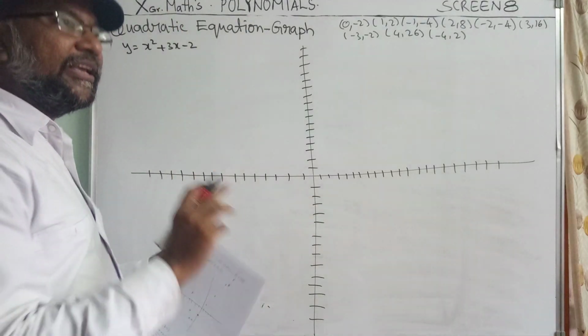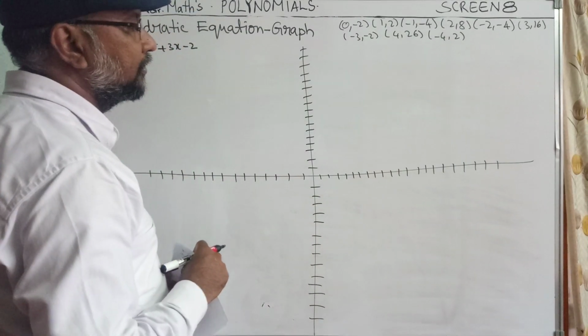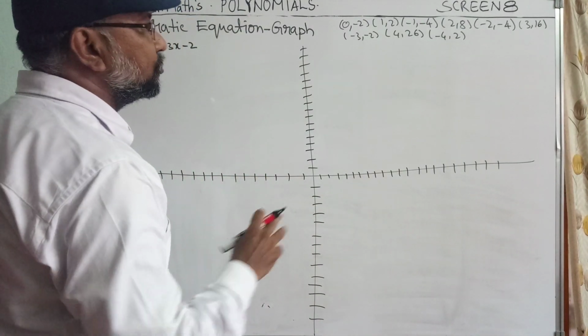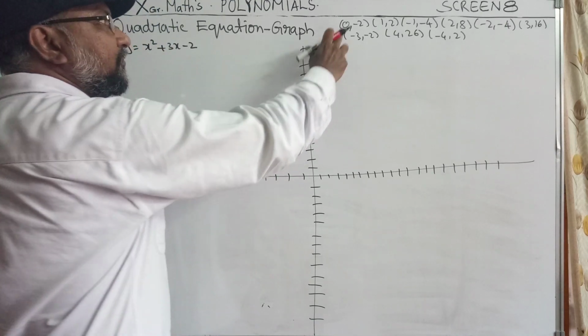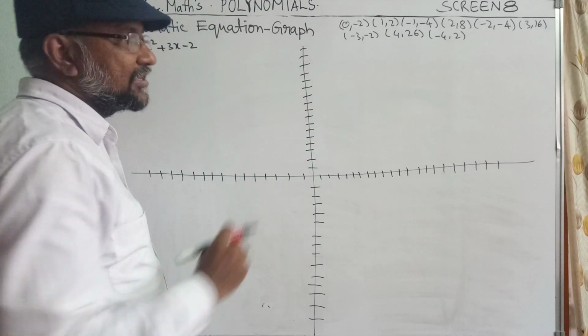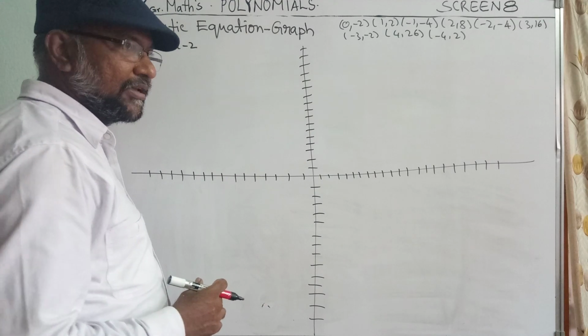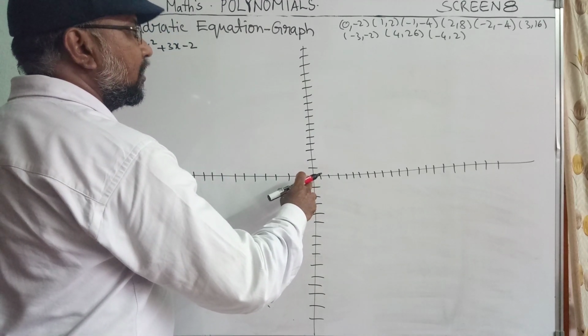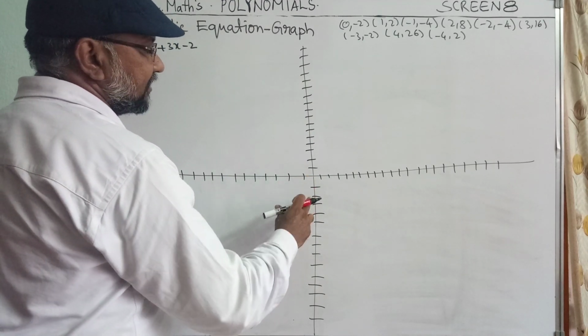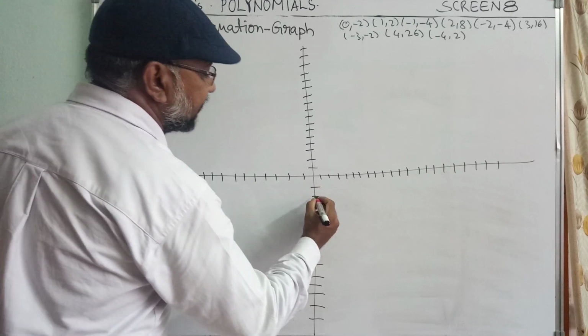Now plot each of the coordinate points on the Cartesian plane. 0 comma minus 2. The first one always refers to the x-axis and the next one refers to the y-axis. 0, this is the 0. Minus 2 of the y-axis.